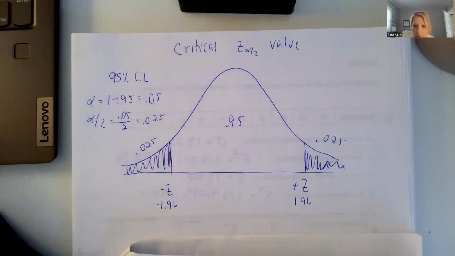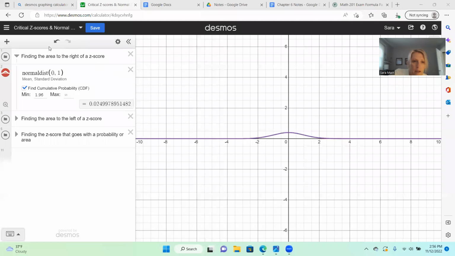In our Canvas course, you will see a link called Critical Z-Scores in Normal that I made for this. So if you want to find the area to the right of a z-score, you're going to use the normal distribution, the normal dist where the mean is 0 and the standard deviation is 1, because that is how we defined the normal curve back in chapter 6.1.